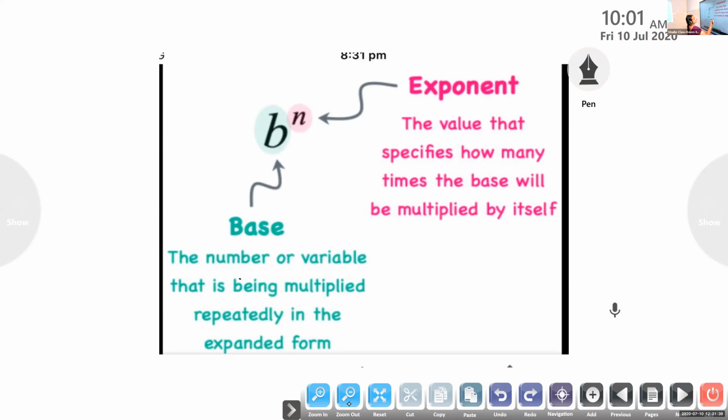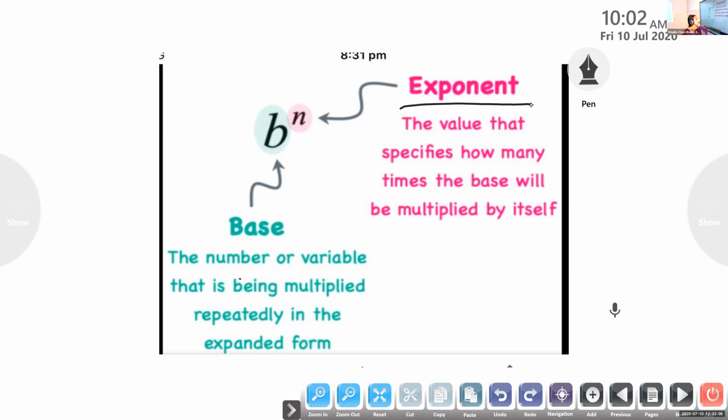And here are the definitions. Exponent is the value that specifies how many times the base will be multiplied by itself. Exponent is the number which shows how many times the base has been multiplied repeatedly.